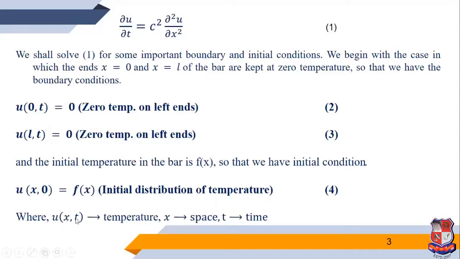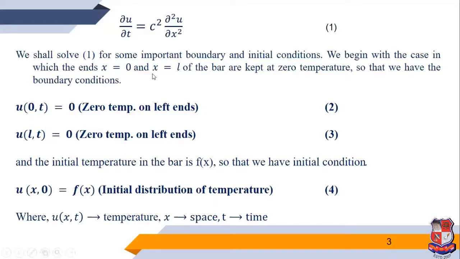So u is a function of x, t. So u(x,t) indicates the temperature at time t and space x. So x indicates space, t indicates time.